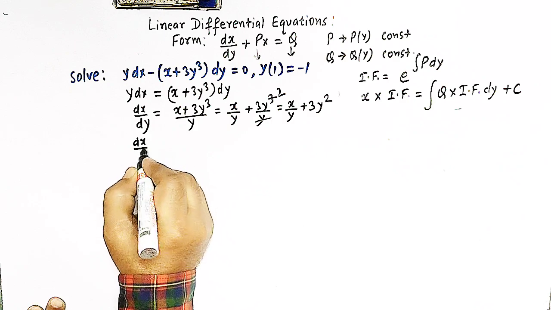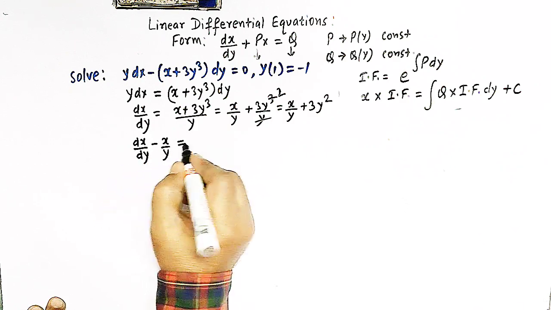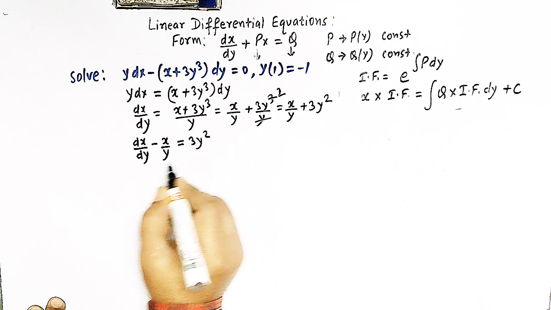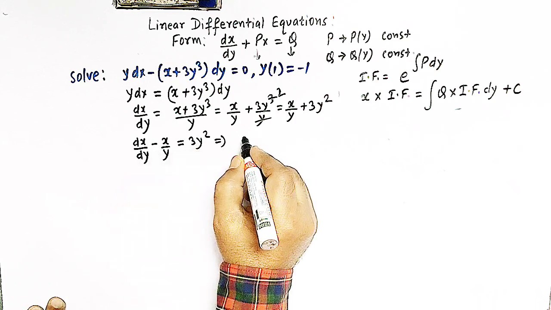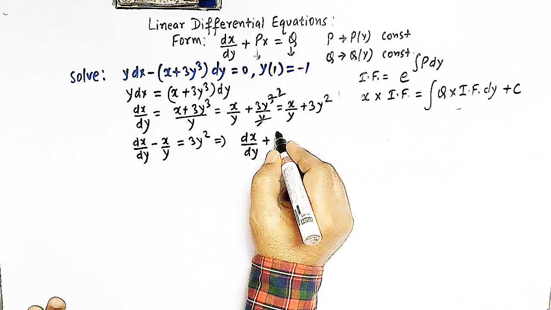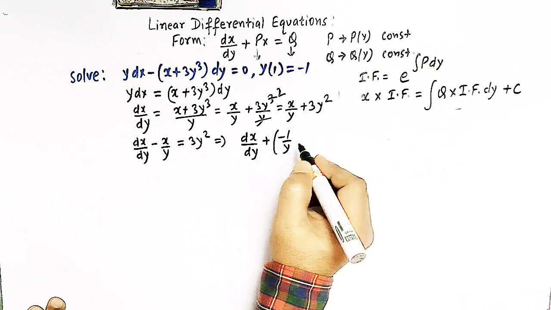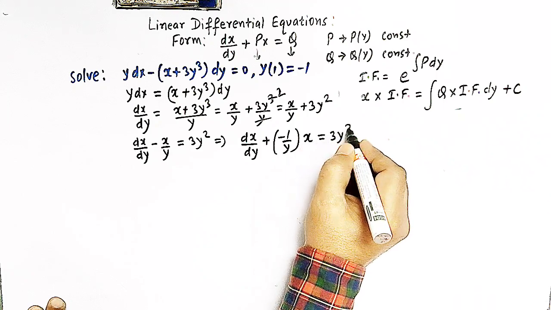So we have dx over dy minus x over y equal to 3y square. We can also write this equation as dx over dy plus, and here we can write minus 1 over y, times x, equal to 3y square.